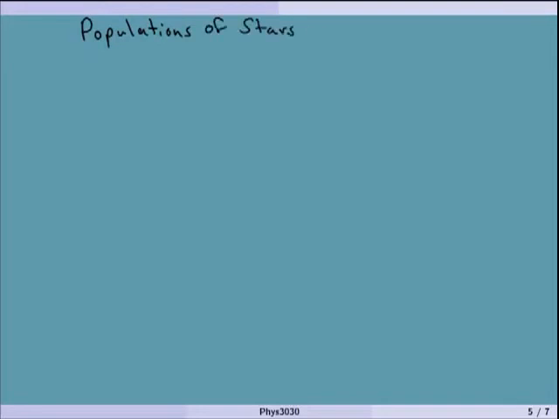This scheme is due to an astronomer named Walter Baade, who started categorizing stars into different populations. This categorization ends up having to do with the age of the stars, but it really came about by which stars he saw first. And by he, I mean all astronomers, really.